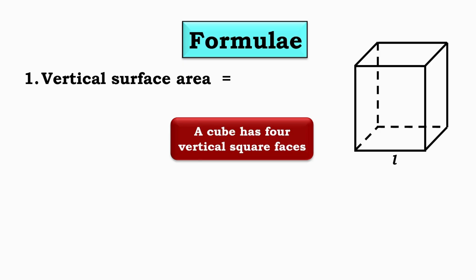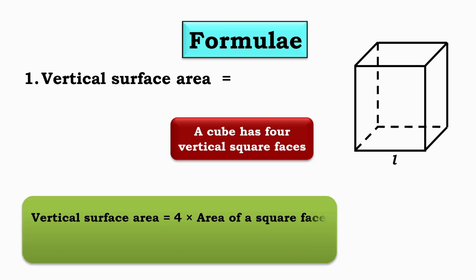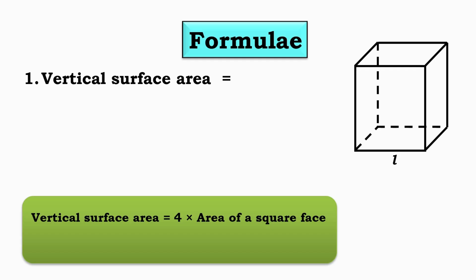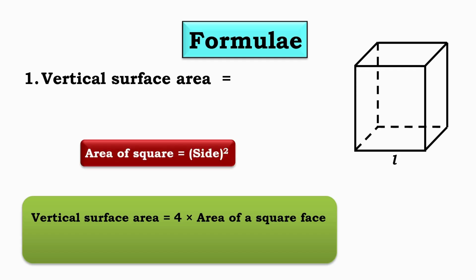Vertical surface area means we are talking about the 4 vertical faces, right? The cube has 4 vertical square faces. So vertical surface area is equal to 4 into the area of a square face. Since all sides are equal, if we find the area of one square and multiply it with 4, we will get the vertical surface area.